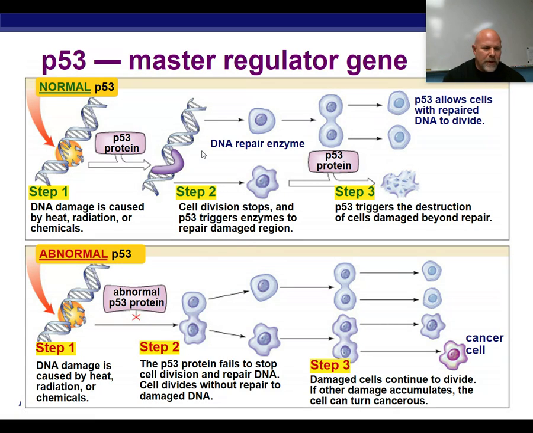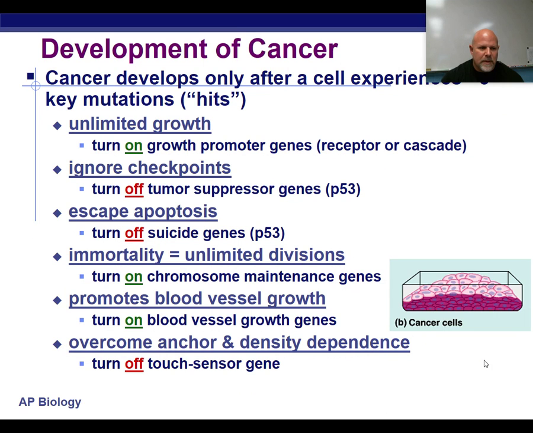Or it will correct the damage and you'll get normal cell production. But if you can't correct the damage because you got a bad P53, now your mutated or damaged form of DNA is going to get passed on and can eventually sometimes lead to cancer cells. It doesn't always lead to cancer cells, but sometimes it does.